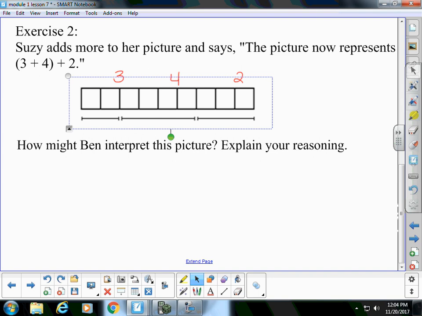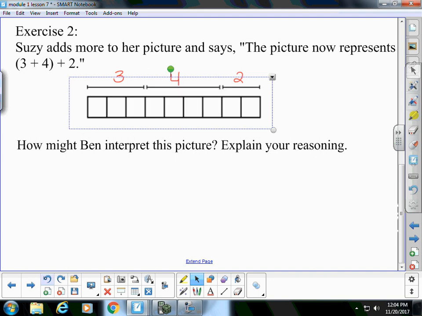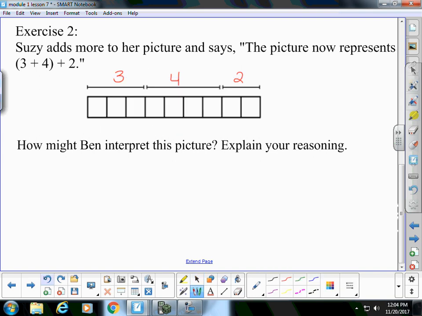What I did was, because he's on the opposite side, I just rotated it. So I think he's going to see 2 plus 4 plus 3, his 4 plus 3 with 2 added to the front of it.